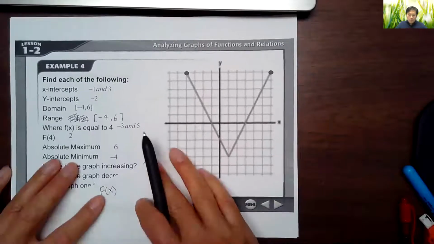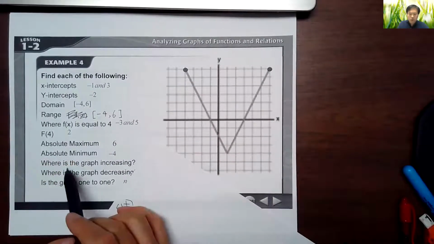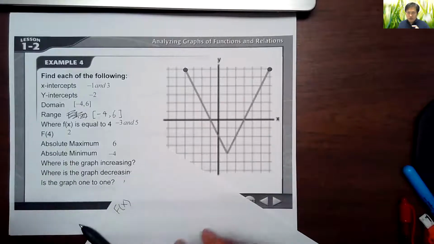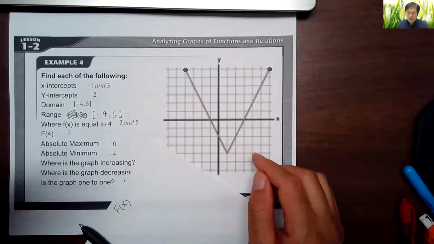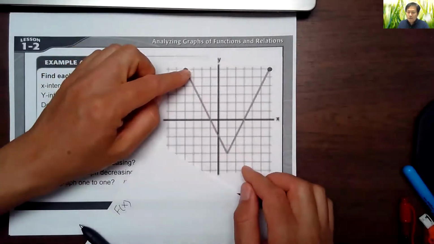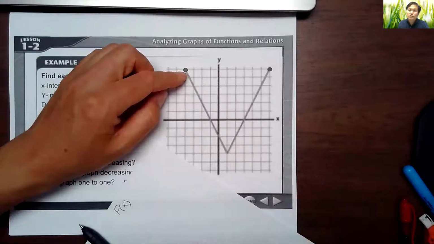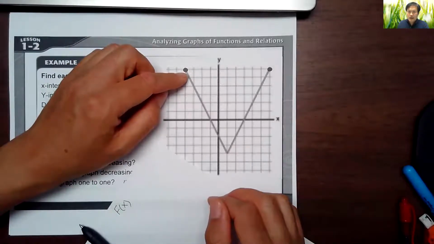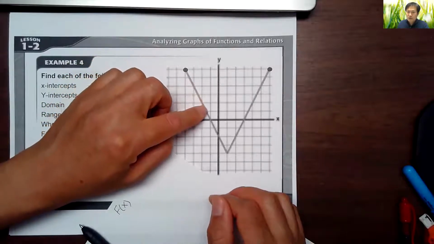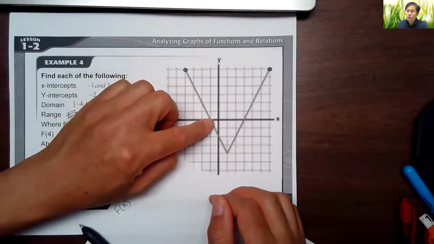Where is the graph increasing? So be careful when you trace this increasing, decreasing concept. You are tracing the graph from left to right. What's increasing? What's decreasing? The y value.